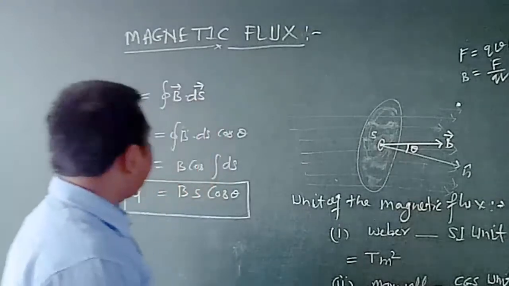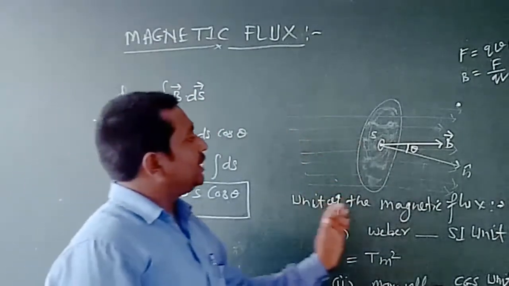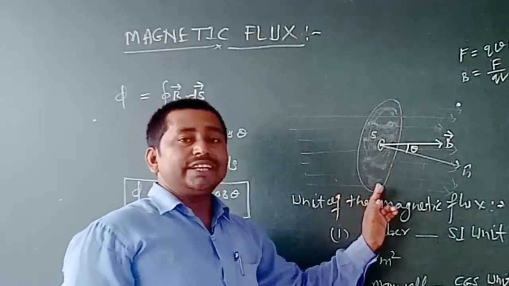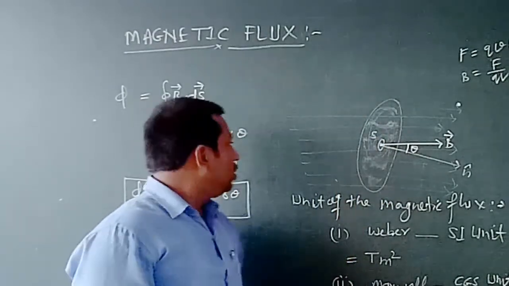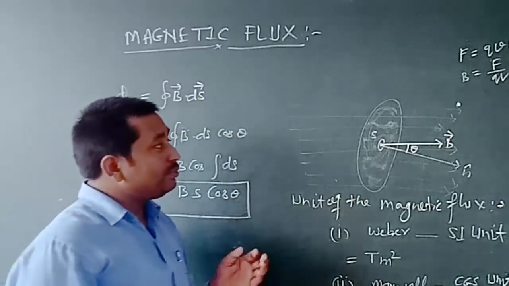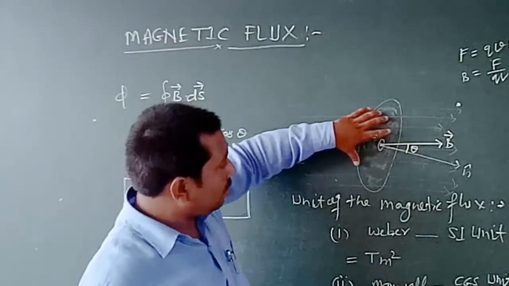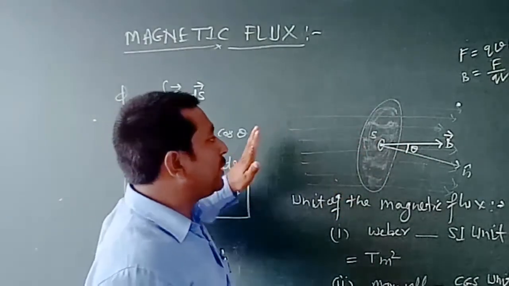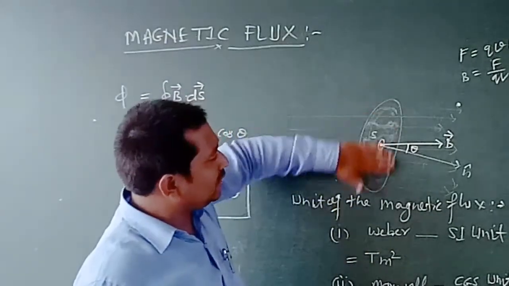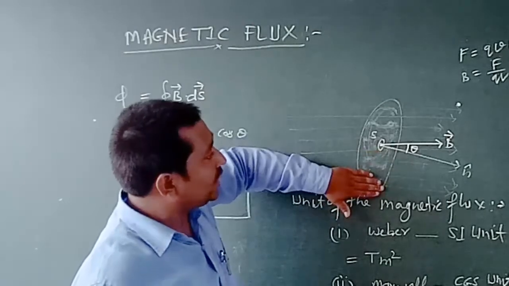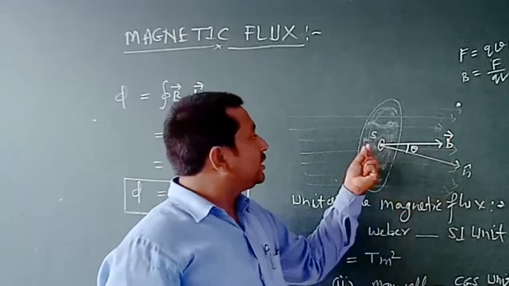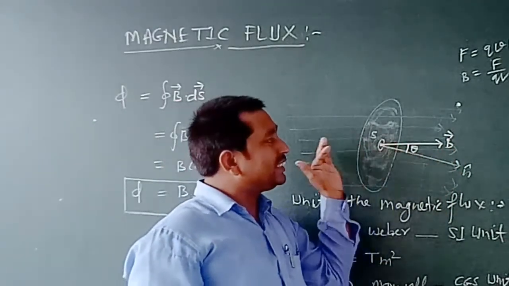Suppose that we take this area as unit, equal to 1, and we also assume that the plane of this plate or disc is just perpendicular to the magnetic field, which means the area vector of this disc is just along the magnetic field.